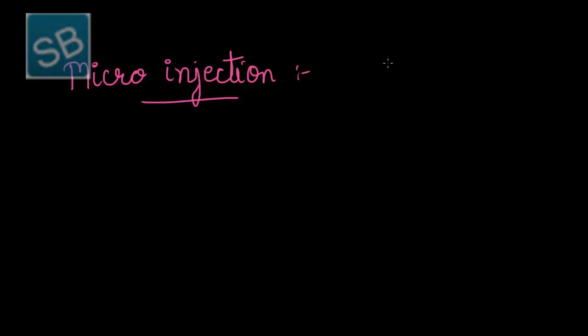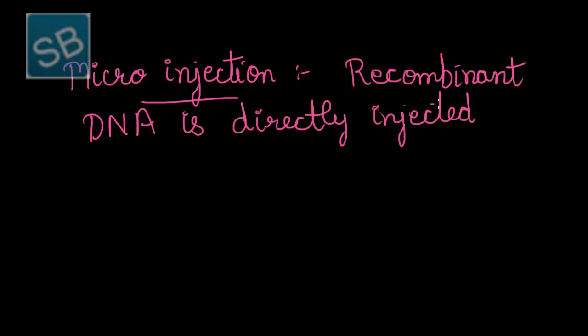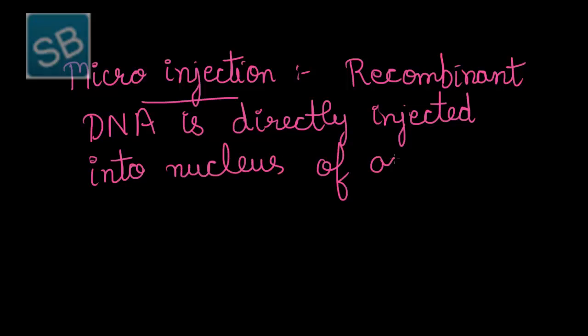In this method, the recombinant DNA is directly injected into the nucleus of the animal cell. And such a process is known as microinjection.